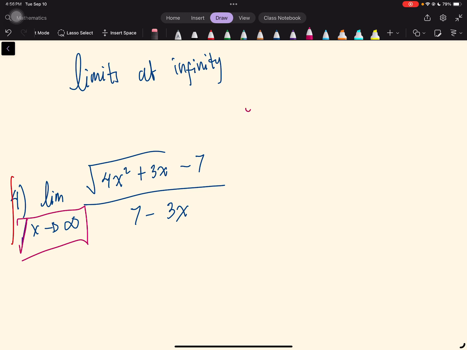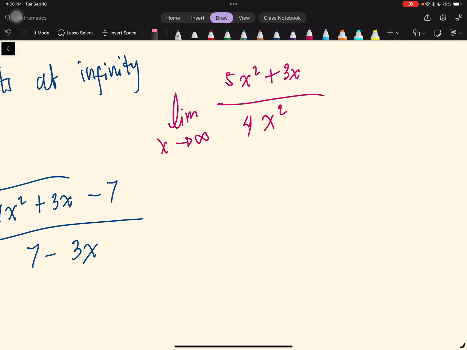So for example lang, if you have the limit as x approaches infinity of 5x squared plus 3x over, let's say, 4x square. Yan. We're gonna divide all of them by x square, no? Gagawin natin siyang ganito, ganyan, plus 3x over x square over 4x square over x square. Diba? Ganyan yung usually yung pattern, diba?